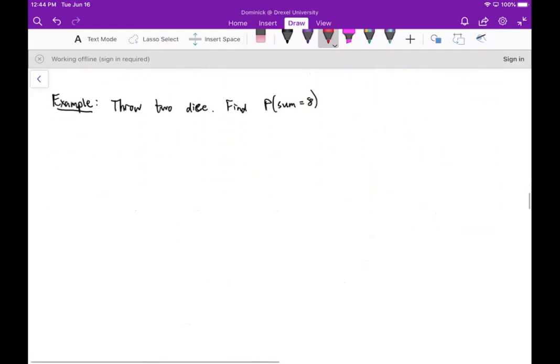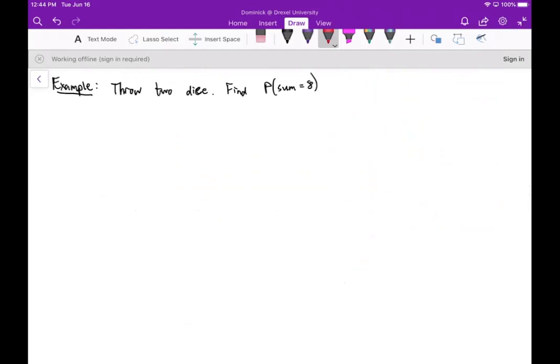Now in this last example, we're going to throw 2 dice, and we want to find the probability that the sum is 8. This is an interesting problem, because how can we get an 8? We'll let E be the event that the sum is 8. How can that happen?